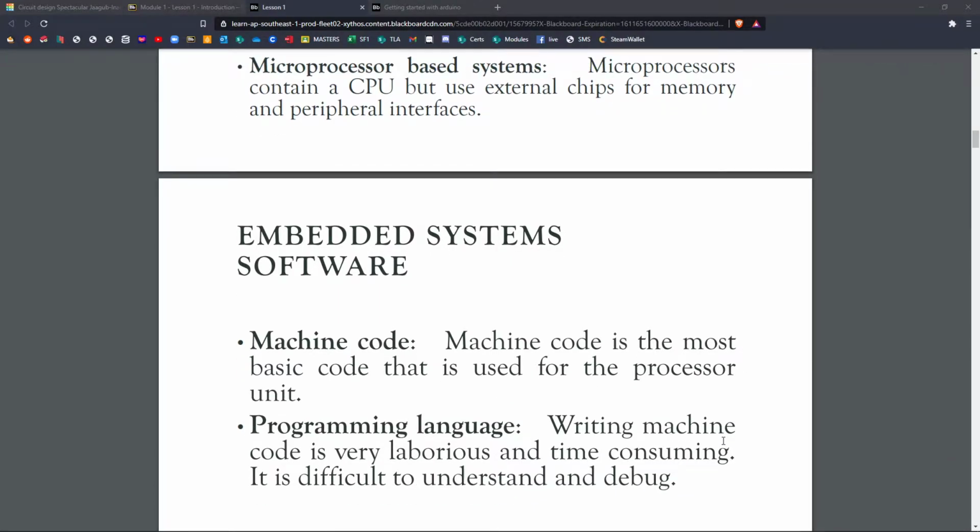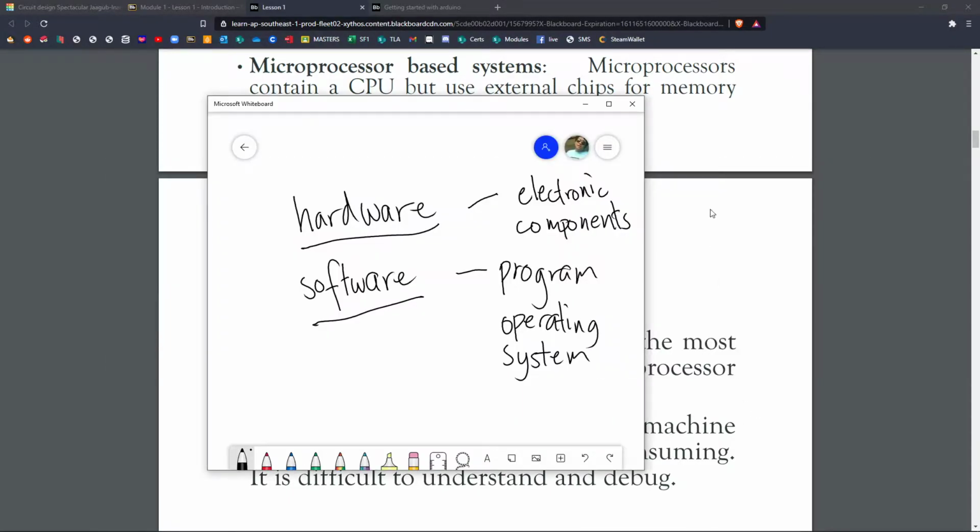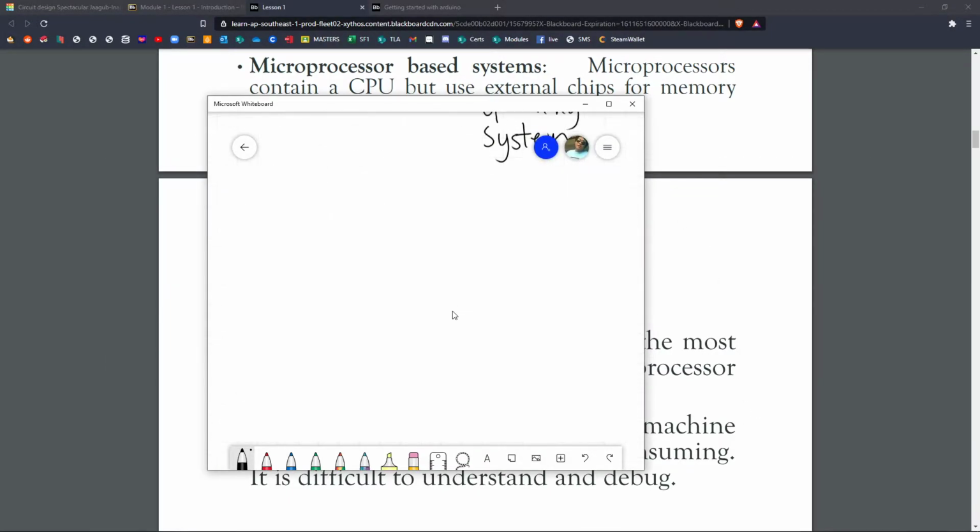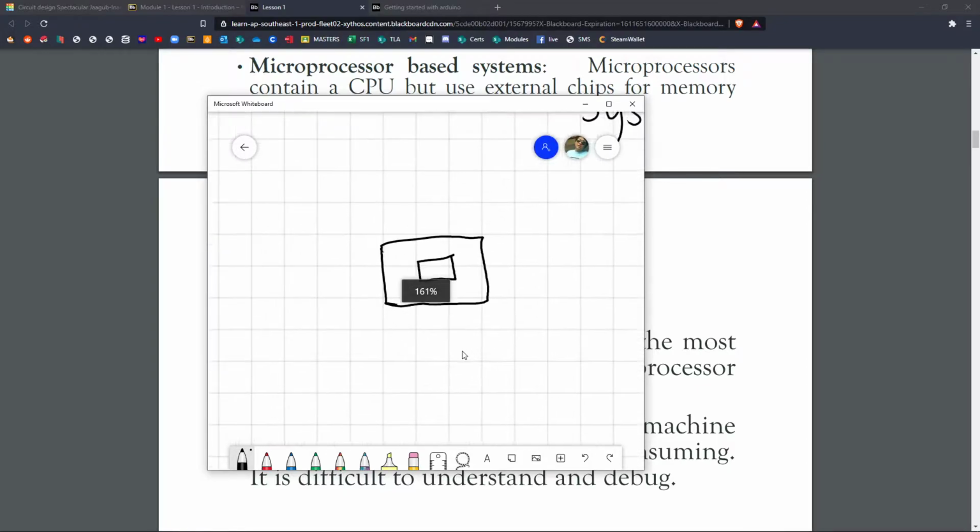So, embedded system software includes machine code and programming language. Let's go back. Let's say this is your machine. Let me zoom this in.